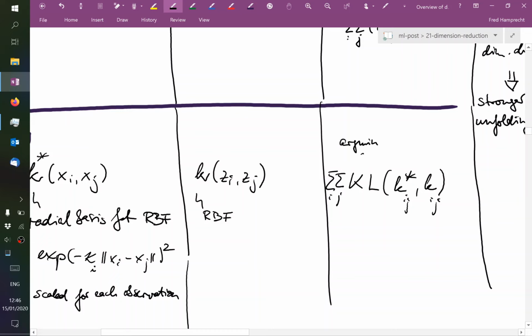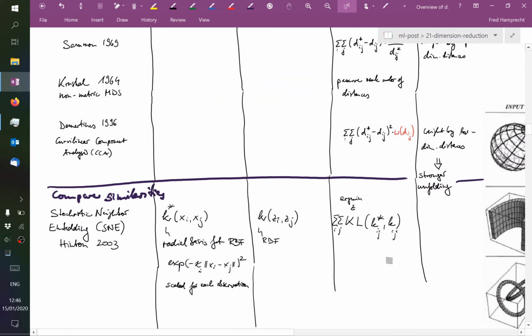And this thing was again minimized over all z's. Okay, so he tried to make the high and low dimensional similarities match. That's all very reasonable and did not work great at all.